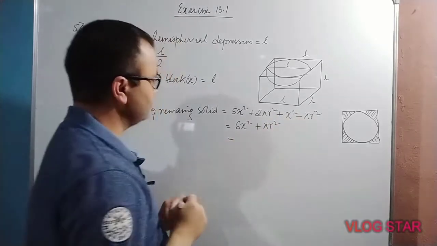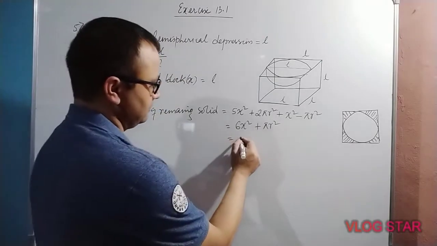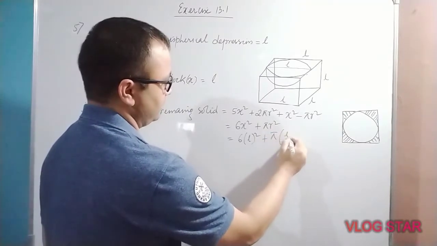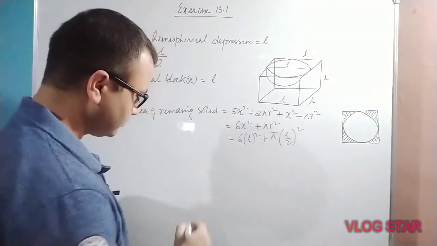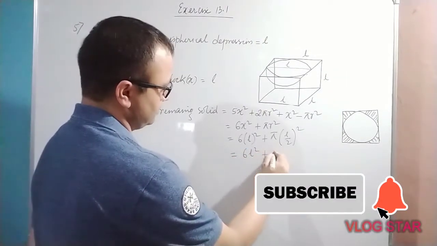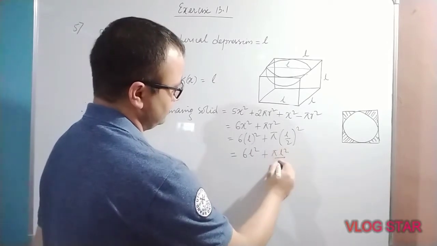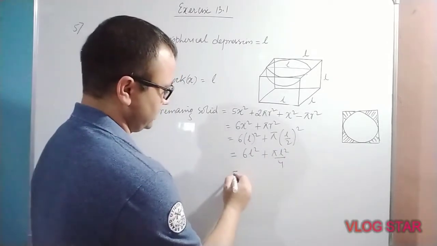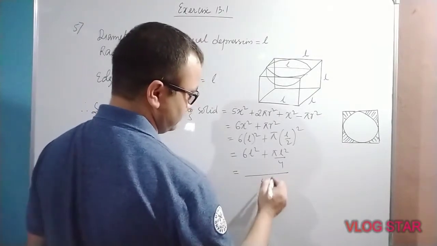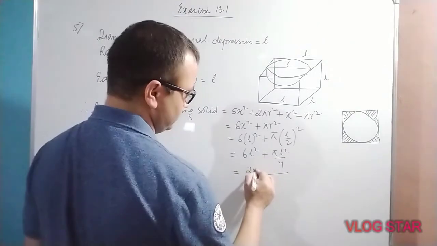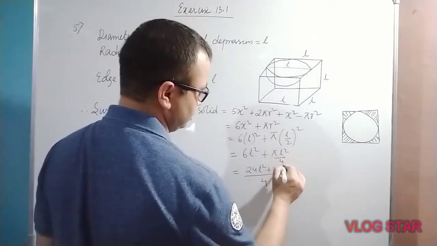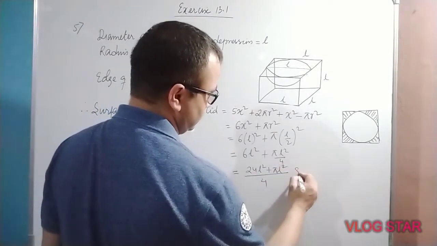Now we can put the values. So 6 into L square plus pi into L by 2 whole square. This equals 6L square plus pi L square by 4. Now take LCM, 4 into 6 is 24, L square plus pi L square, square units.